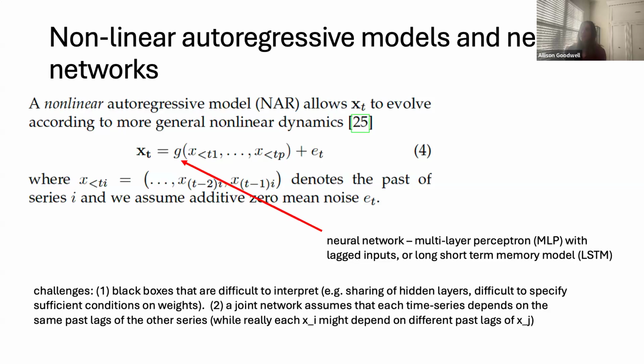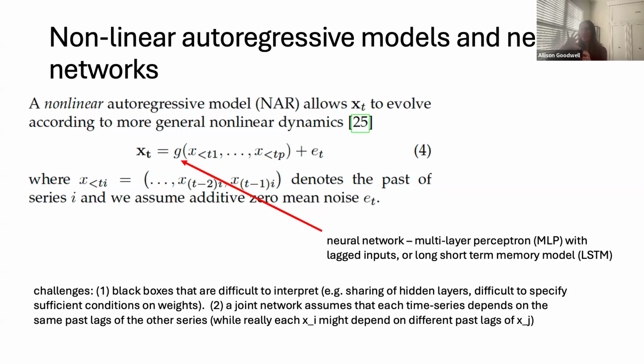And secondly, this is a little bit complicated, I think we'll get here later, but a joint network is where you have one of these models trying to output multiple outputs. So you take 6 things and you're trying to predict 6 other things. Each time series depends on the same past lags of the other time series, because your network is the same.